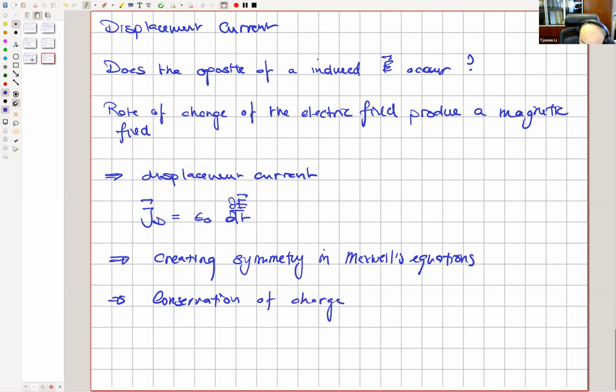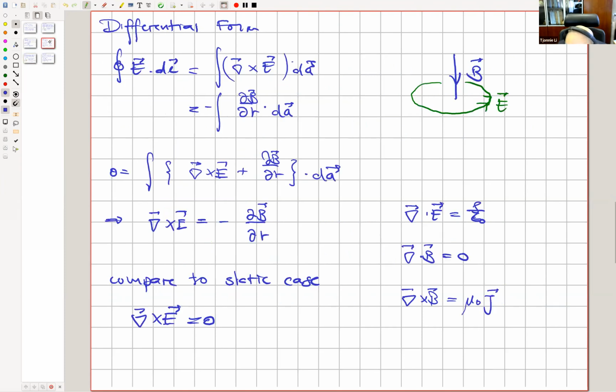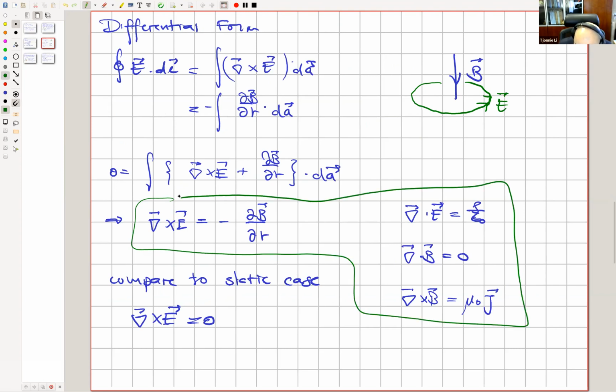The first problem that it addresses is that if I look at this set of equations over here, there's some dissatisfactory aspect. A changing magnetic field could induce an electric field, but there is nothing in the magnetic fields that corresponds to a changing electric field.